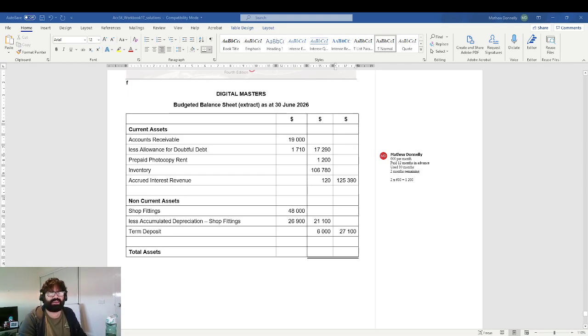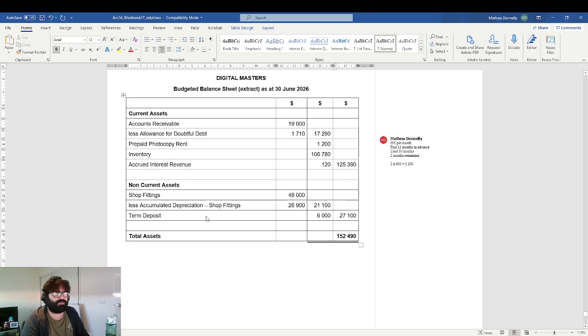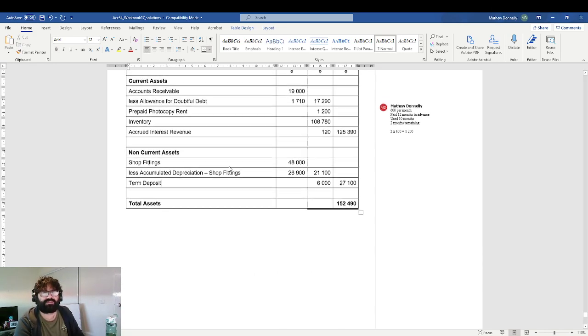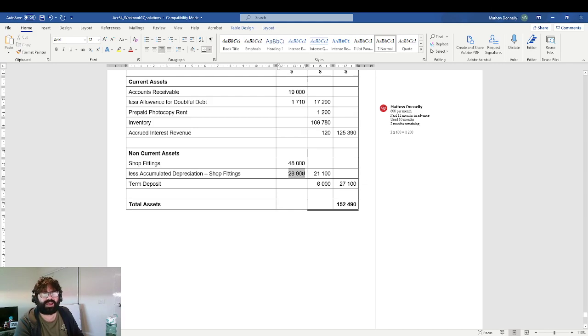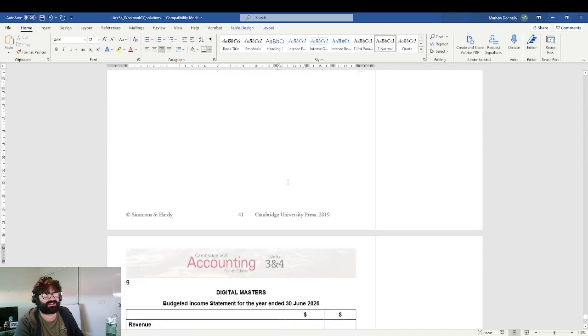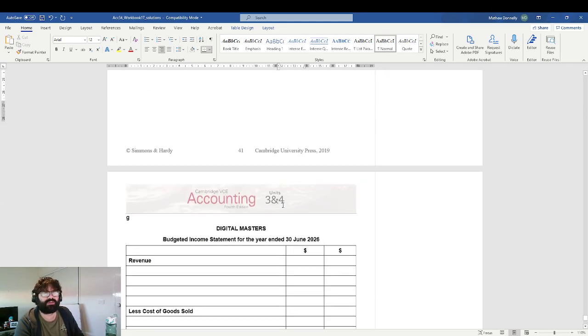You don't get any extra money, you just earn interest on it. 152490 is our answer. 152490. So that's F. So a bit of logic behind that, but it's just those little numbers. Make sure you add in the depreciation that just happened.